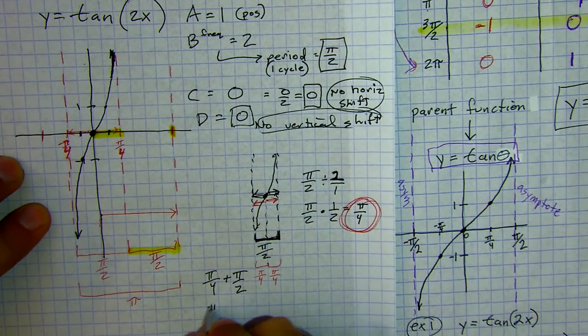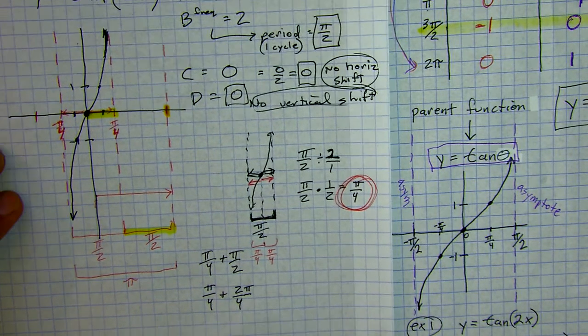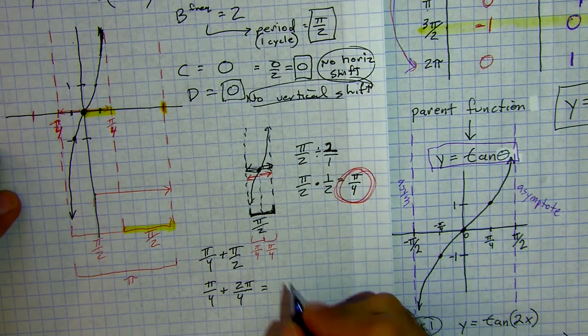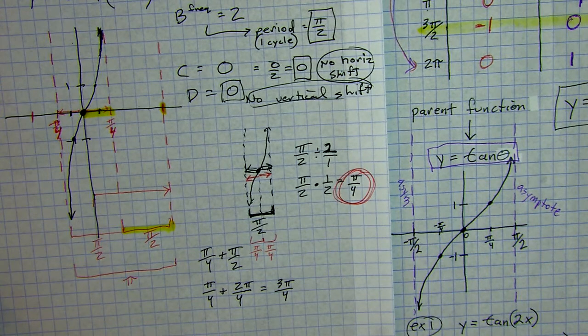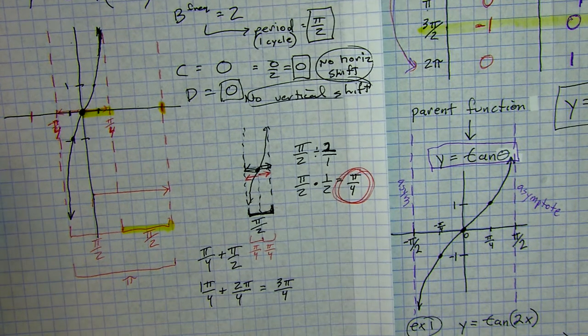So I'm going to go ahead and make a common denominator. Pi over 2 is 2/4. And how much is that? 3 pi over 4. Yeah, that makes sense. Okay, because that's 1.